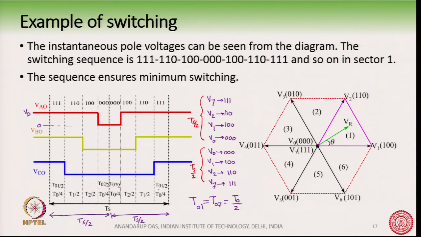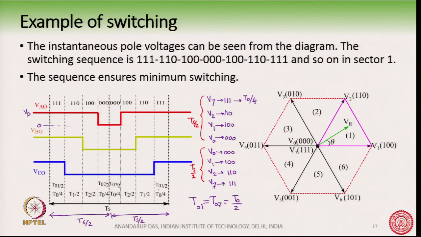So, therefore, in the first T0 by 4 time period we have 1 1 1, that means VAO, VBO, VCO all 3 are having a voltage of Vd. This is the timing interval T0 by 4 where all of them are 1 1 1.